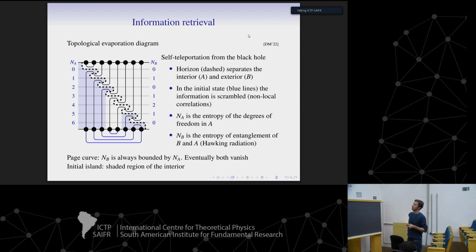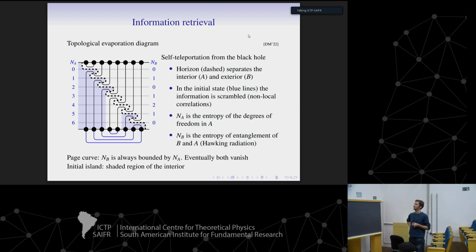Initially, if the observer at infinity tries to measure the entanglement of these particles at infinity, the observer will see that these points are connected to points in the boundary, which means there's entanglement, and this entanglement will increase. The numbers in blue on the right side just count the number of lines that connect interior and exterior.